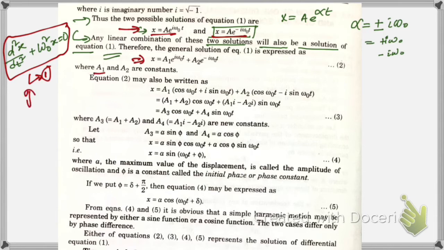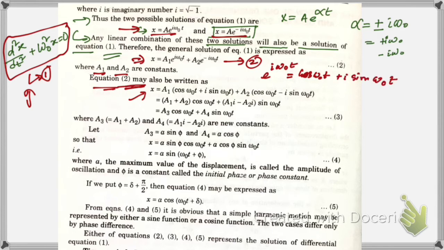So here a1 and a2 are constants. This is equation number 2. This equation also can be written as this, right? Because you see here what we have applied, e to the power i omega naught t is equal to cos omega naught t plus i sin omega naught t.